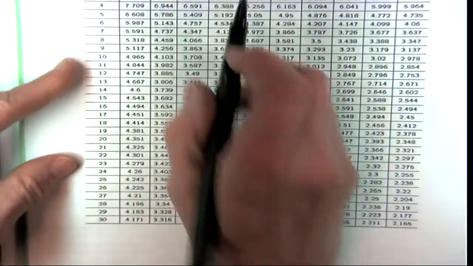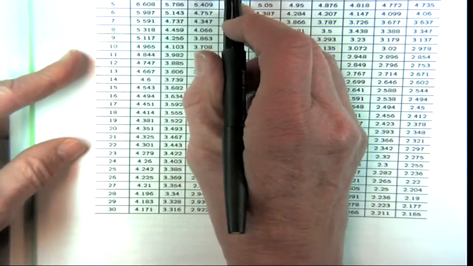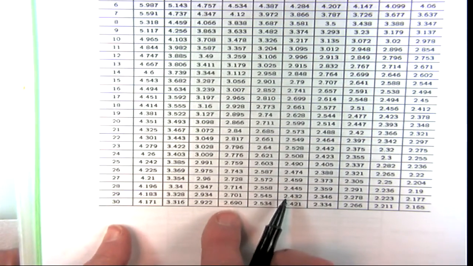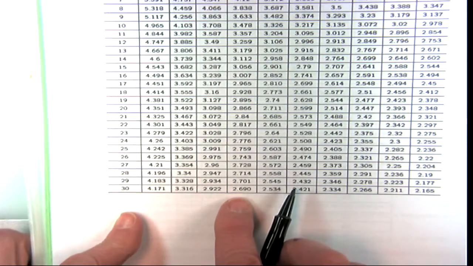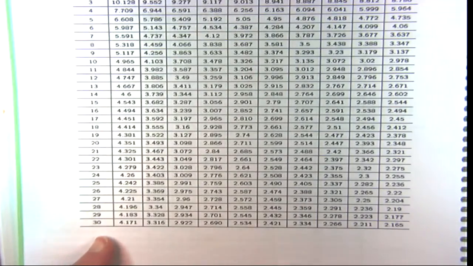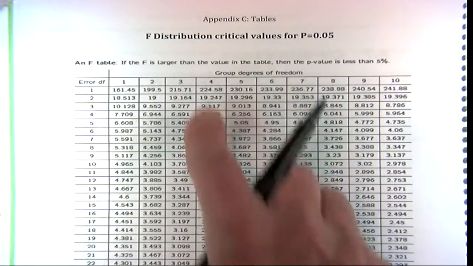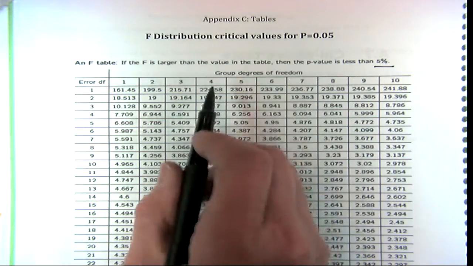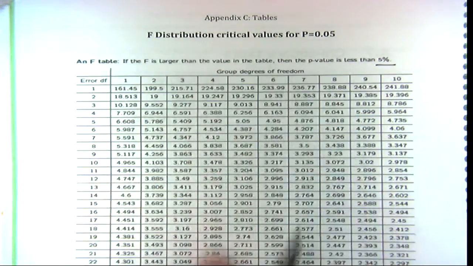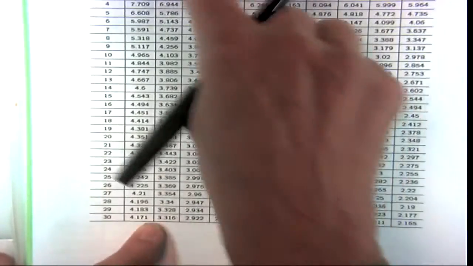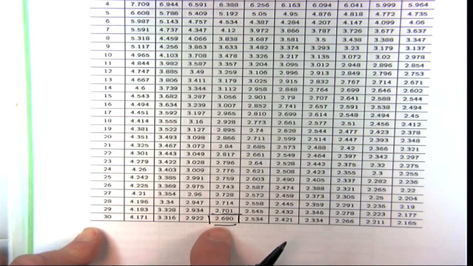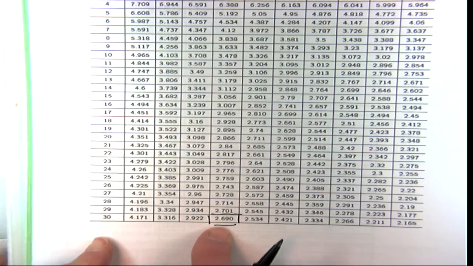The degrees of freedom in the numerator is 4, and in the denominator, it's 30. So it's right here. Can everybody see? I'm looking at this column and this row, and right here is our critical value, okay? So we'll compare it to that.